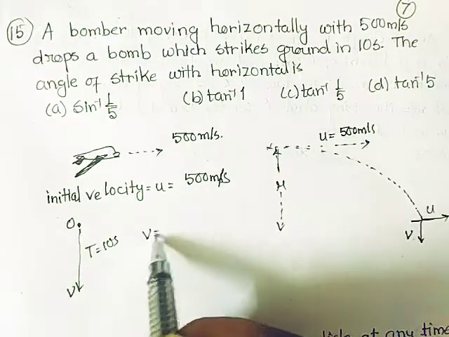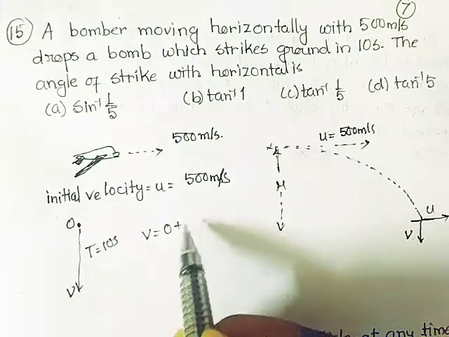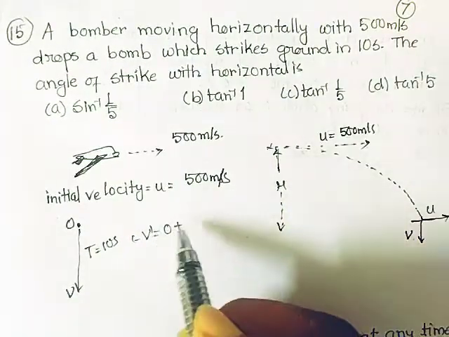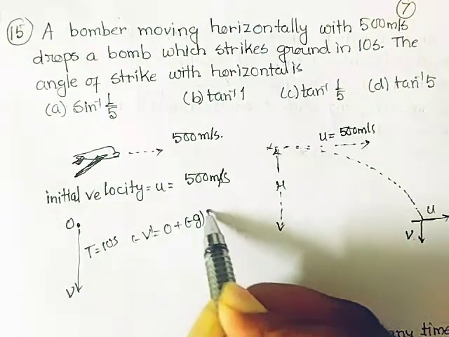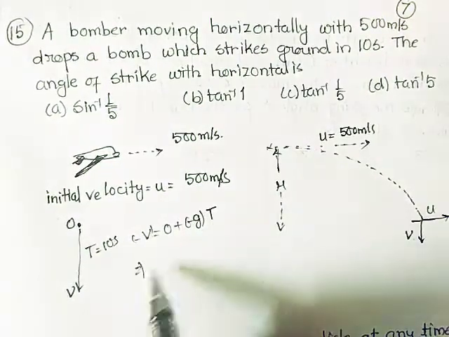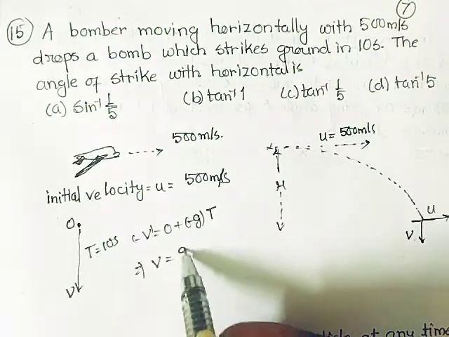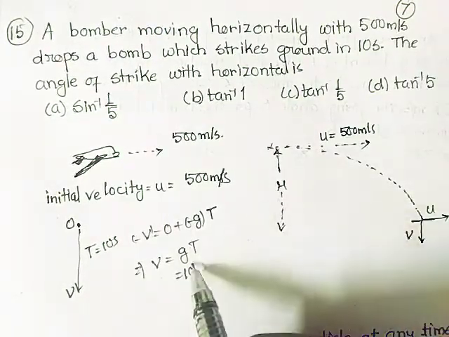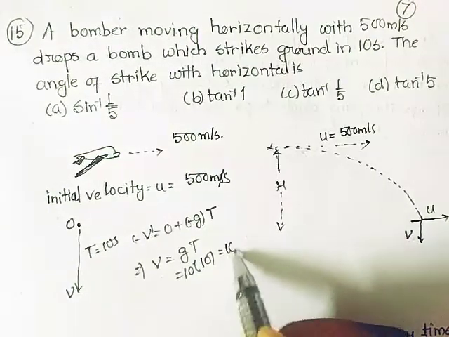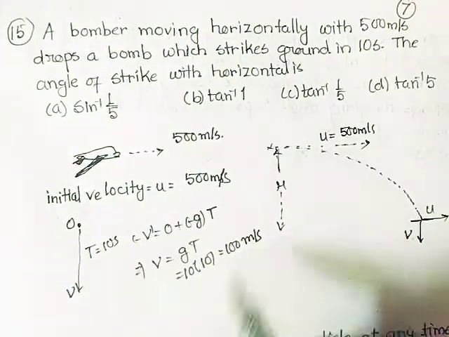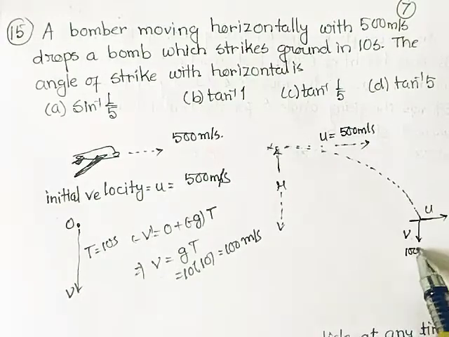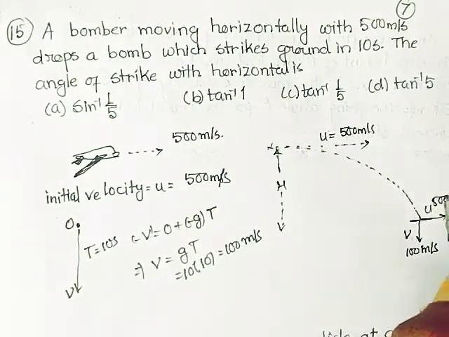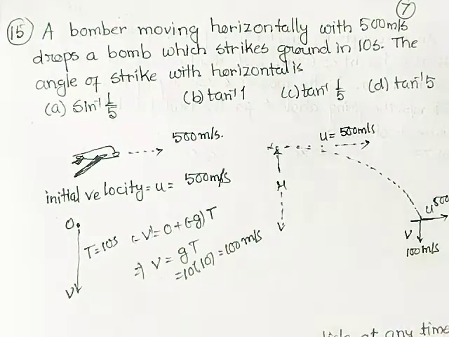So v equal to 0 minus g into t, obviously because it is coming in the negative direction. So v equal to gt. If I say g is 10, then t is also 10, so it is 100 meter per second. So here the velocity is 100 meter per second, and here the velocity is 500 meter per second. So two velocities are here.